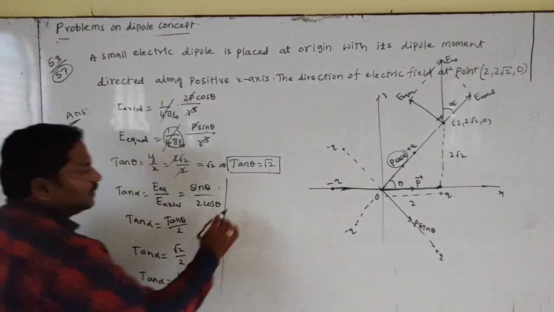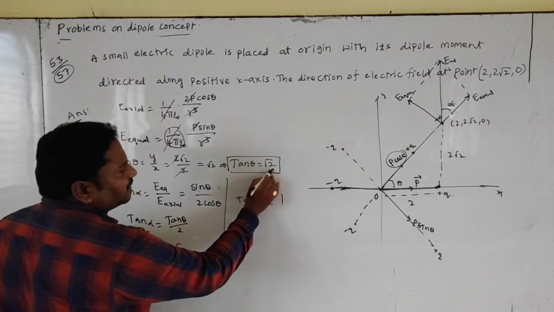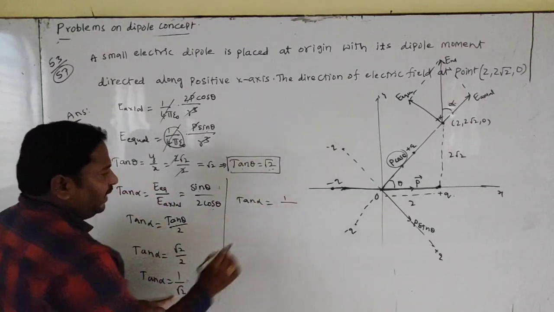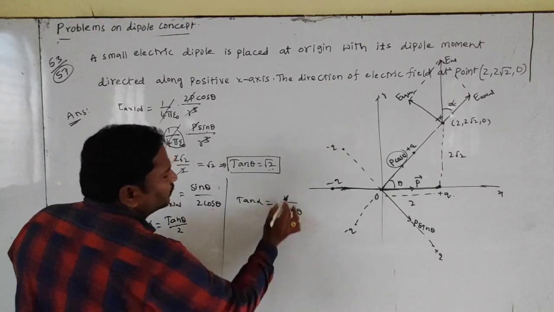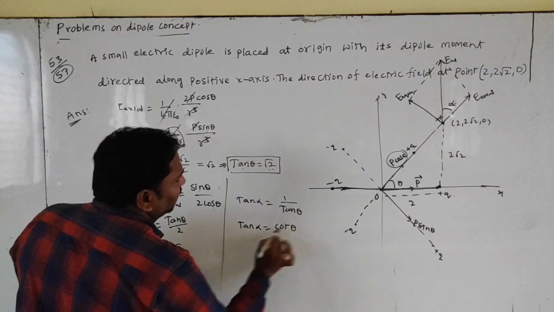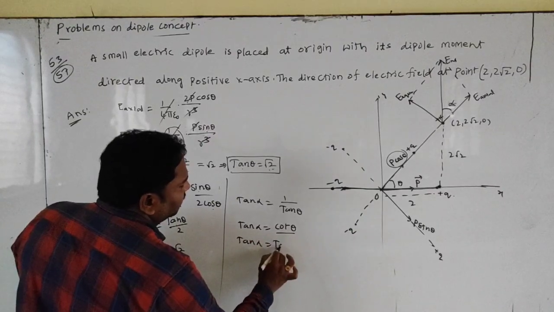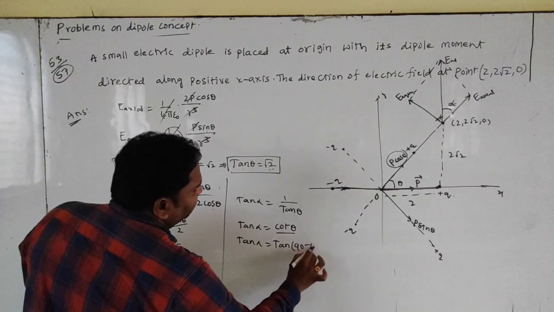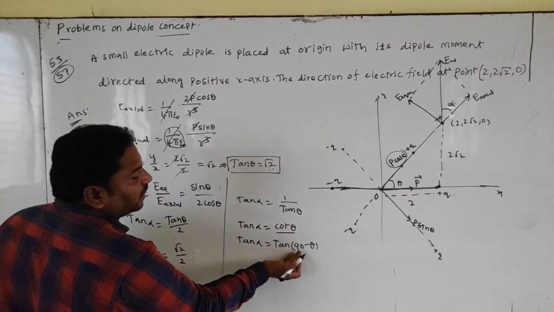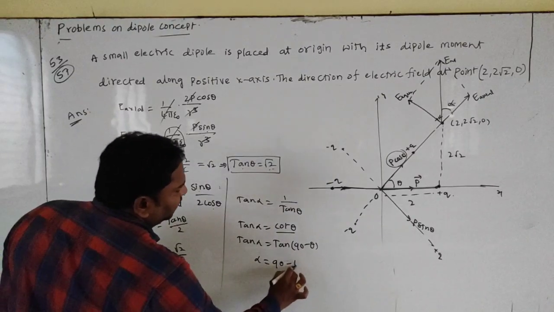Now in place of root 2 we can write tan theta. So 1 by tan theta means cot theta. Tan alpha equals cot theta, which we can write as tan of 90 minus theta. Tan becomes cot, so tan cancels and alpha equals 90 minus theta.